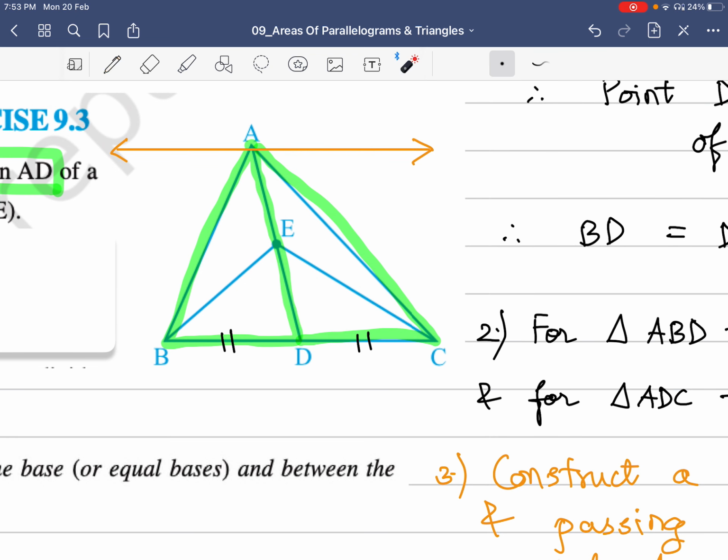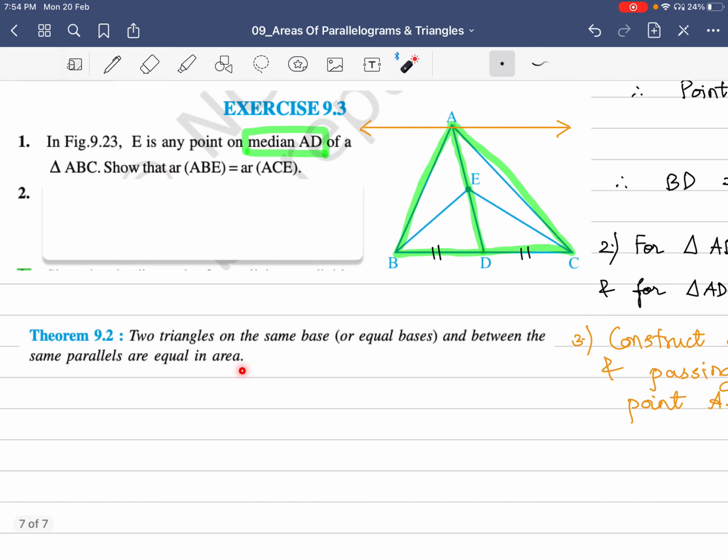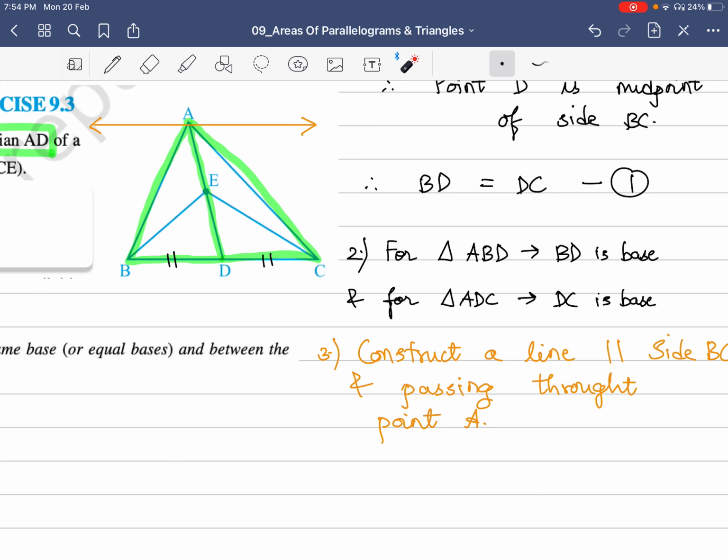Now let's zoom in. So we have this line passing through point A, it's parallel to side BC, and this triangle ABD and this triangle ACD, these are the two triangles which lie between two parallel lines, and they have the same bases. So using this theorem, we can say that their areas are equal. So again, let's zoom in and make a note of that point. And therefore, I'm just going to write here point number 4.